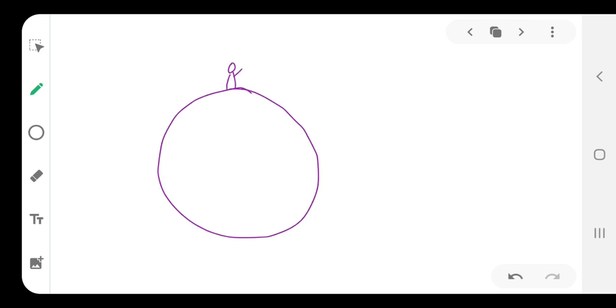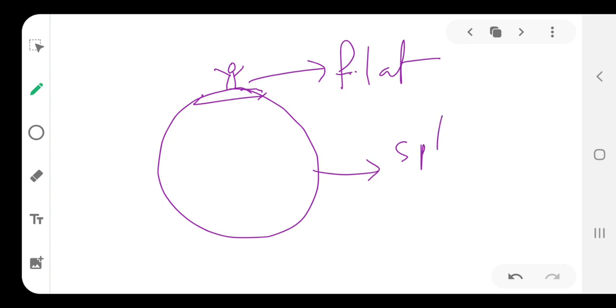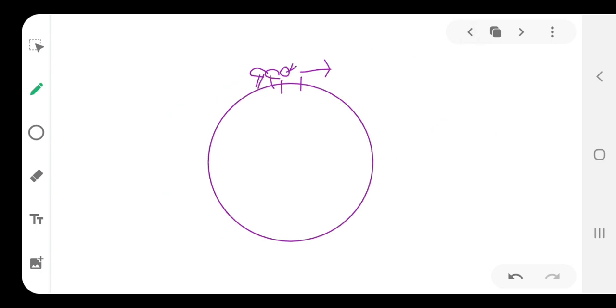When a man is standing here, he sees everything as a flat surface. Now, you know that the earth is a round sphere, but he is seeing a flat surface. Why is it so? Here, the same scenario, the ant is seeing a straight line.